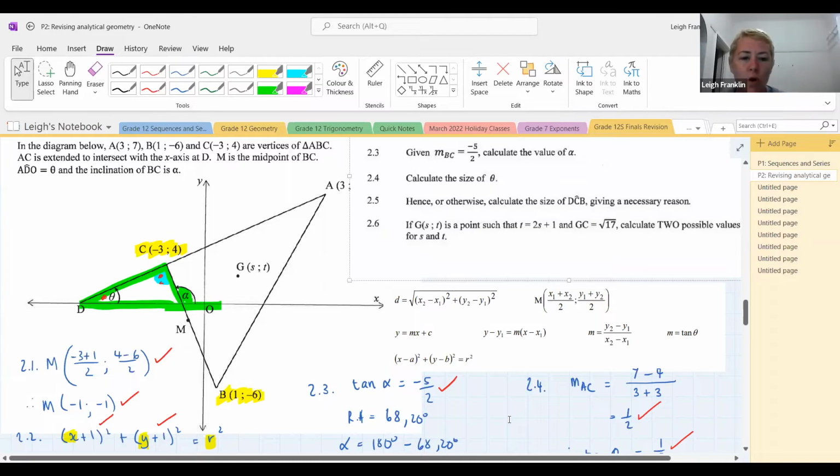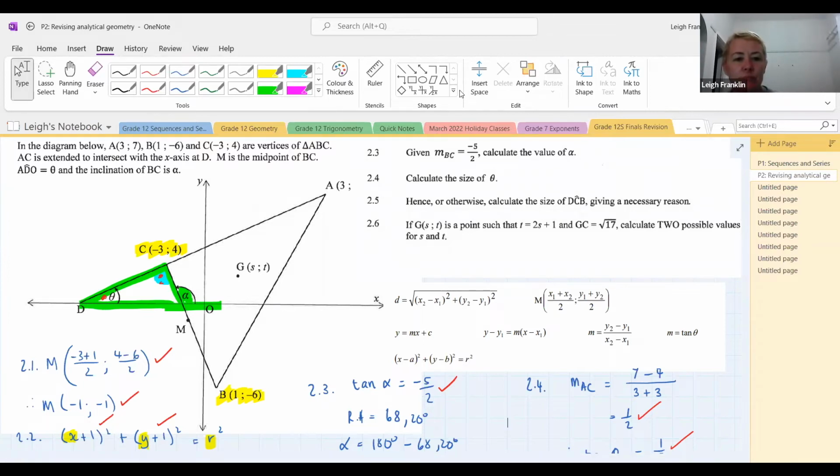So what do they want us to do here? What are your ideas? Yes, we could use the distance formula. How would you use the distance formula to find S and T?